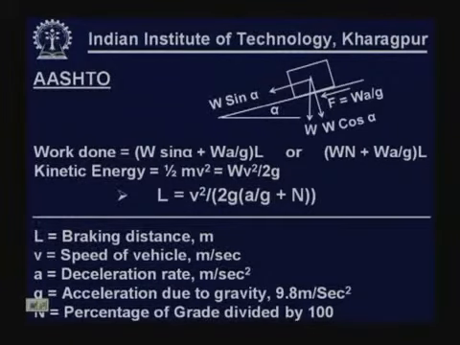Here L is the braking distance, V is the speed of vehicle in meters per second, a is the acceleration rate in meters per second square, g is the acceleration due to gravity 9.8 meters per second square, and n is the percentage of grade divided by 100.